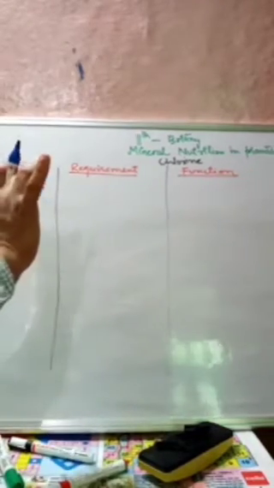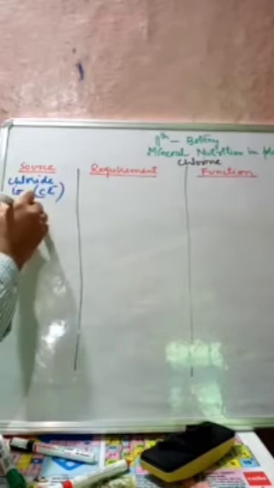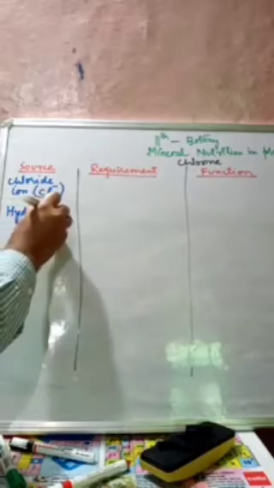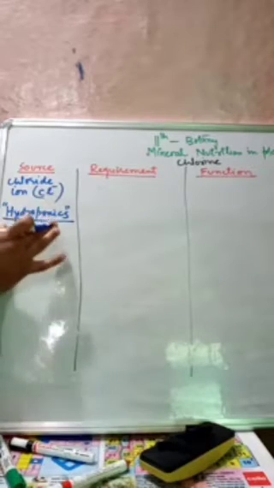However, its deficiency and its functions are being studied under controlled conditions like hydroponics. Whatever the deficiency it has can be studied under controlled conditions. So the main source is this chloride ion.